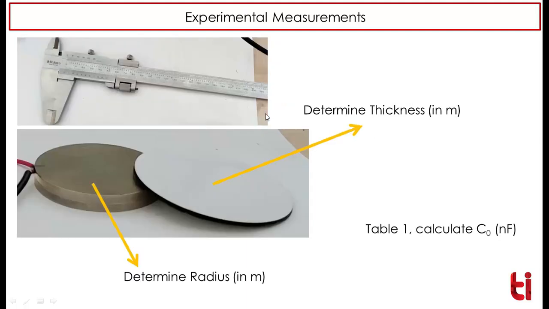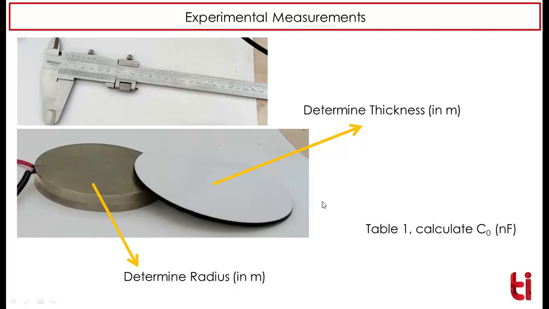During an actual experiment, we use the vernier caliper to determine the radius of the gold-coated brass plates and the thickness of the sample. We need to remember that as per the formula, the calculations will work only if we determine and put in the values of thickness and radius in meters.